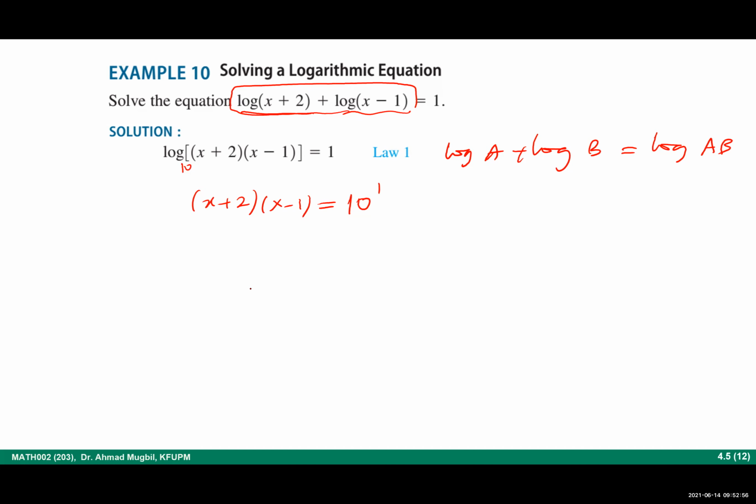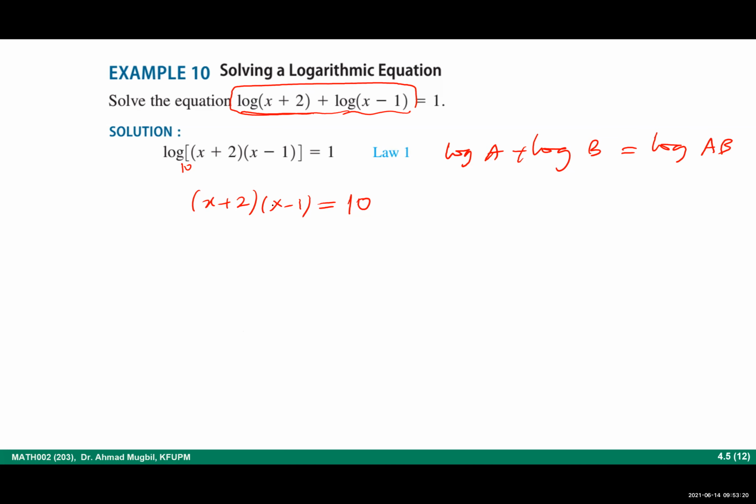Of course, as I told you before, you can do that by two methods. One way is the exponential form. The other way is to raise both sides to the power 10. So this will be cancelled with this, and you have this equals 10 to the power 1, which is 10. Thank you.